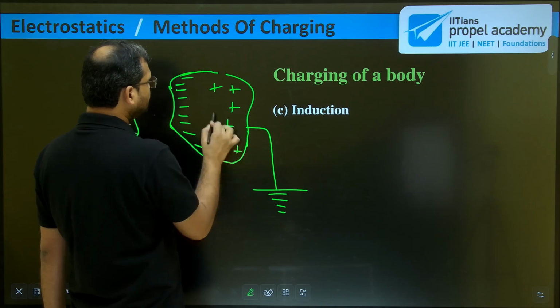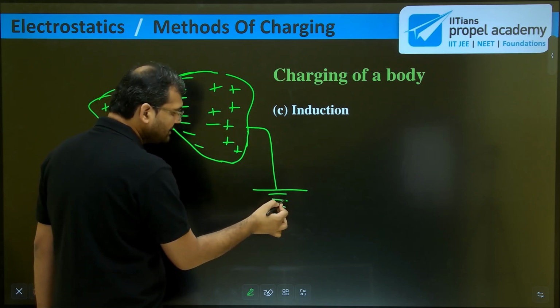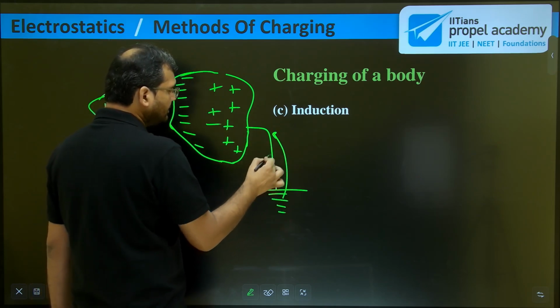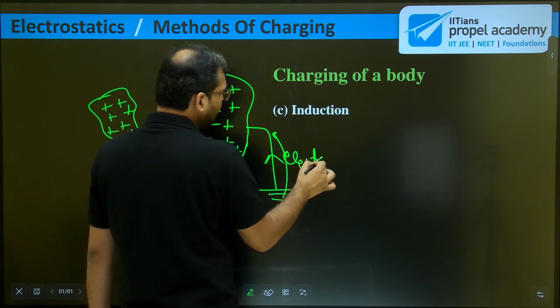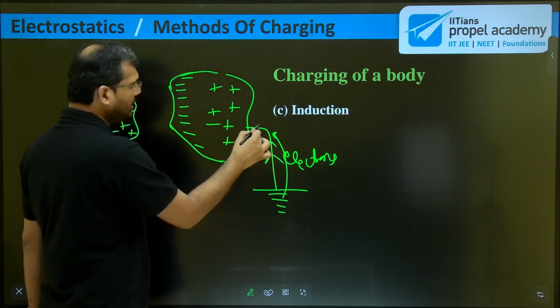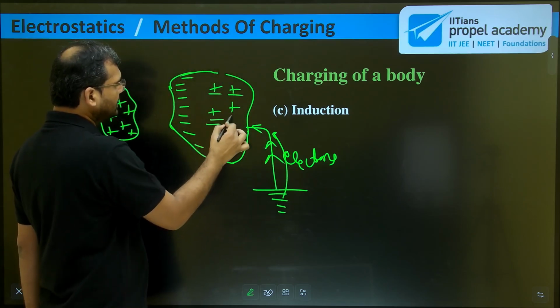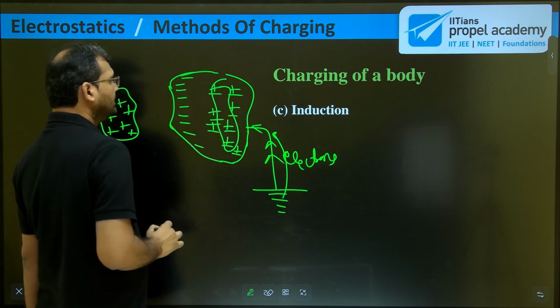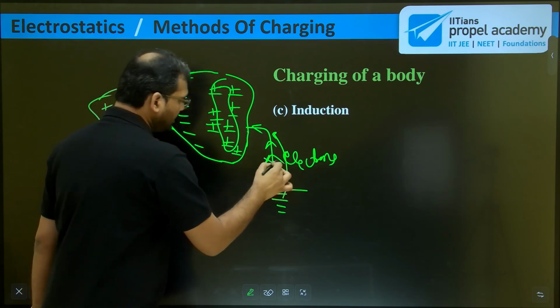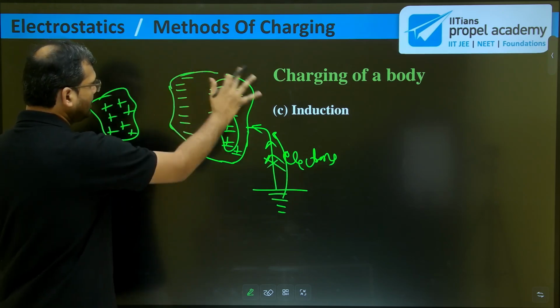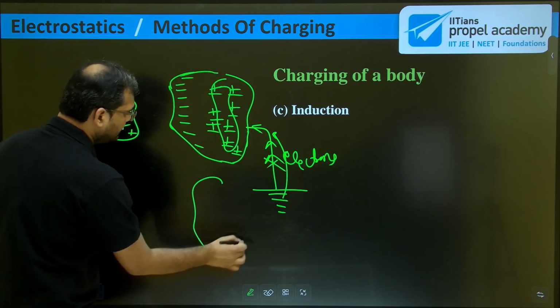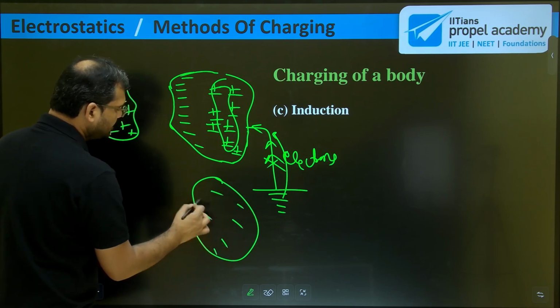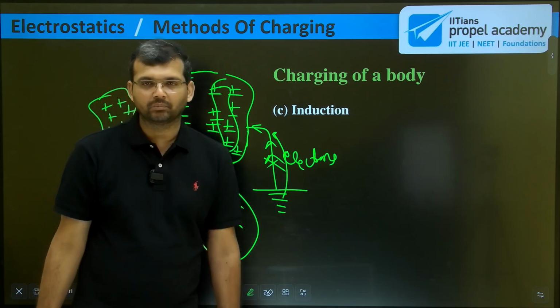These positive charges attract electrons from the earth. So, now electrons will come here and nullify the charges here, which means this becomes a neutral region. And now take out this cable and then what happens? All the electrons will be distributed in the metallic body.